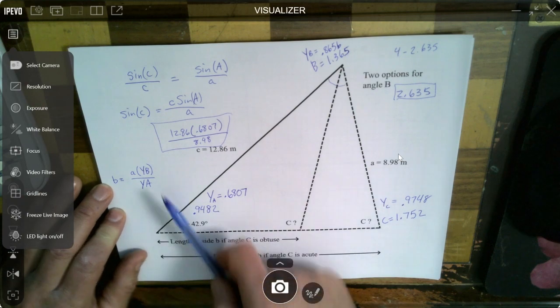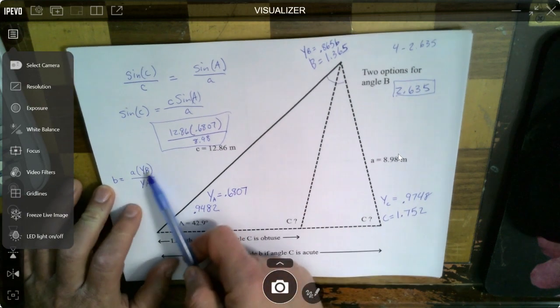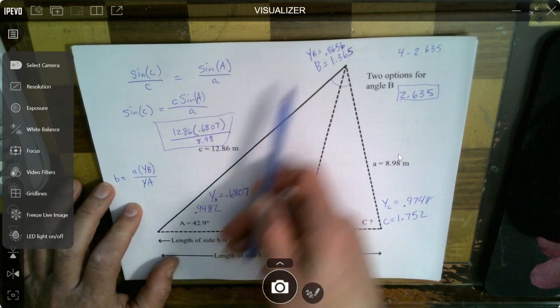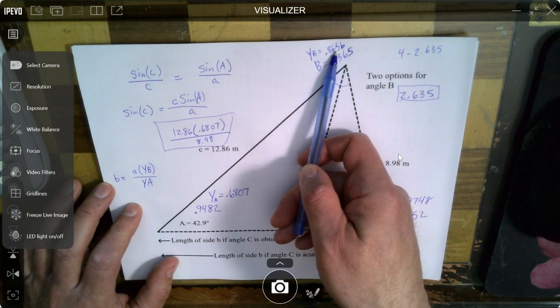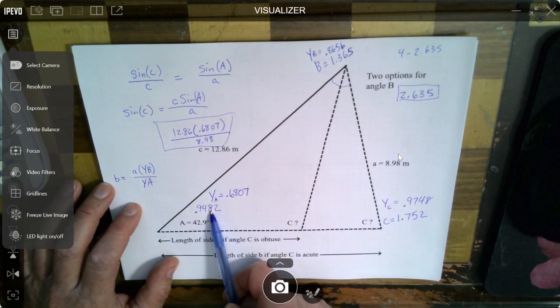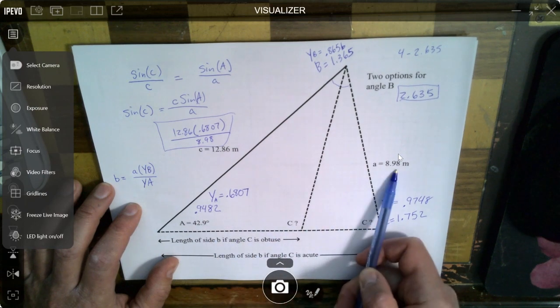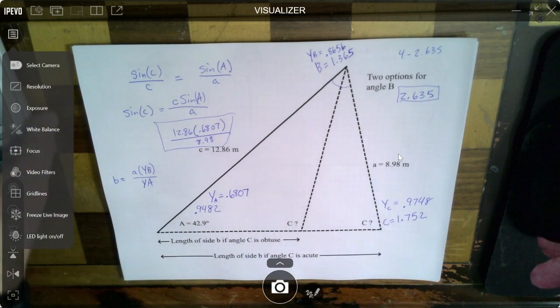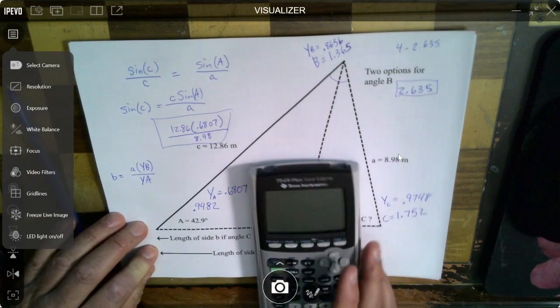We already have these two sine values, and side A, of course, is this. So we can just put those values in the calculator.